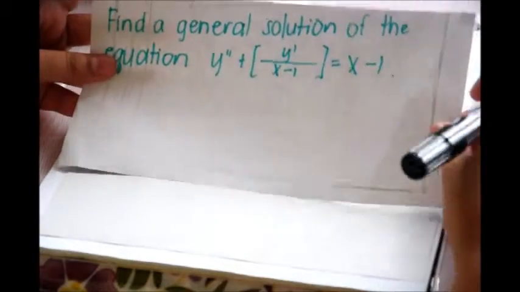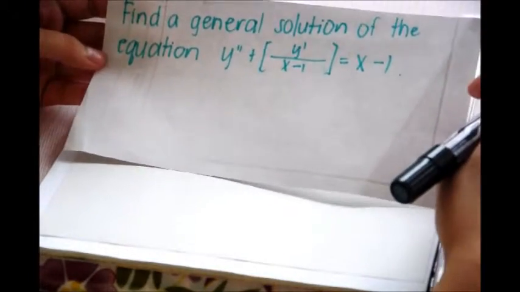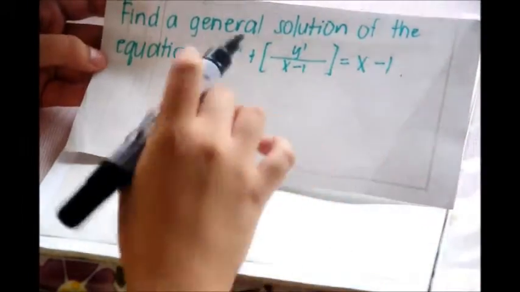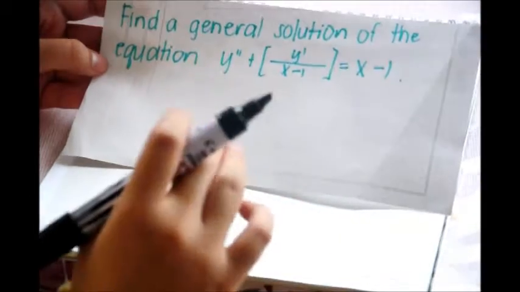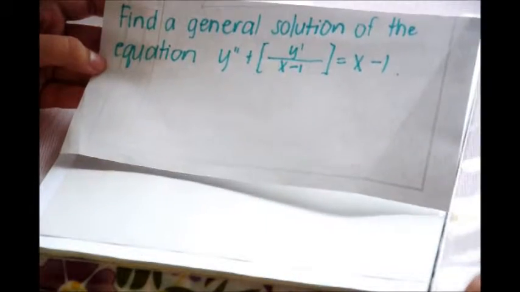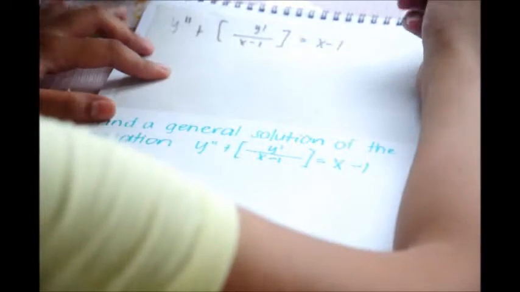Okay, so now this is the third problem. Find a general solution for the equation y double prime plus the quantity y prime over x minus 1 is equal to x minus 1. So first, let's write the equation: y double prime plus y prime over x minus 1 equal to x minus 1.